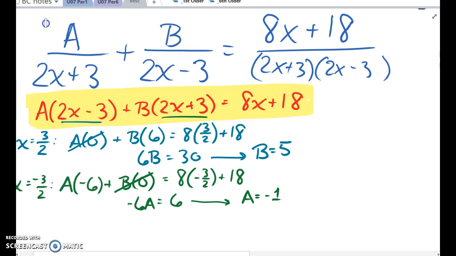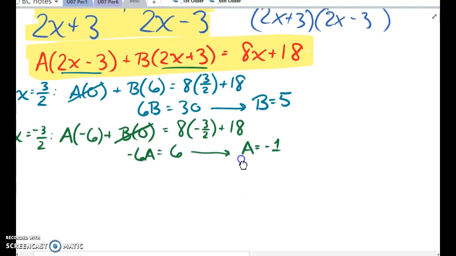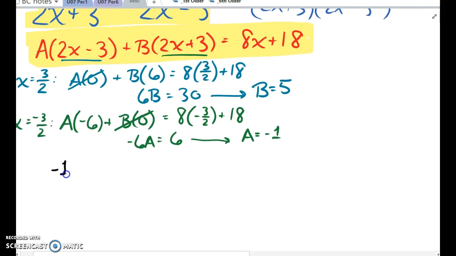So here, just scribbling out this top piece gives you a reminder of which constant goes where. So here I can see that my A goes over a 2x plus 3. Just rewrite that. So my negative 1 goes over a 2x plus 3. My B, this 5, goes over the 2x minus 3.